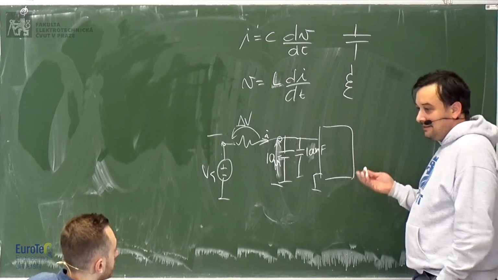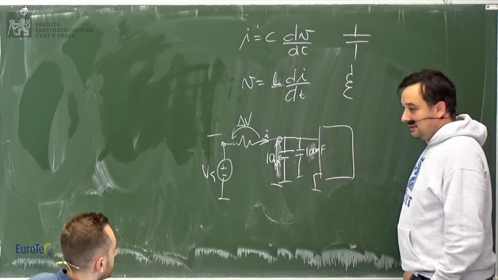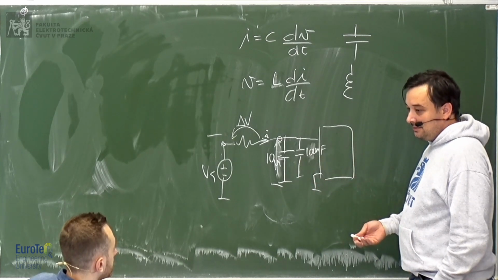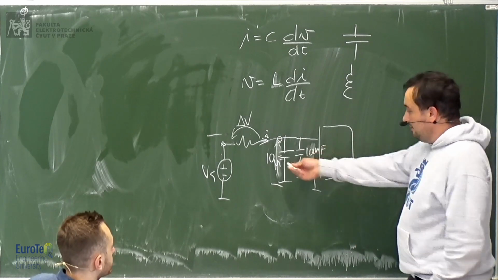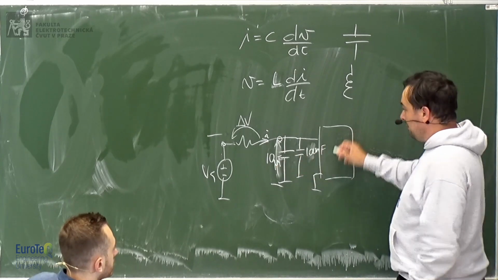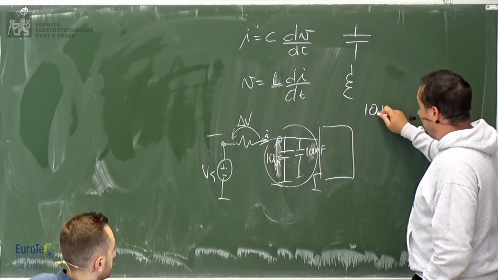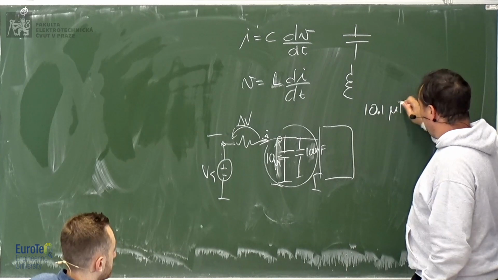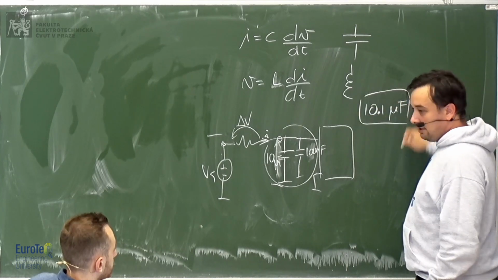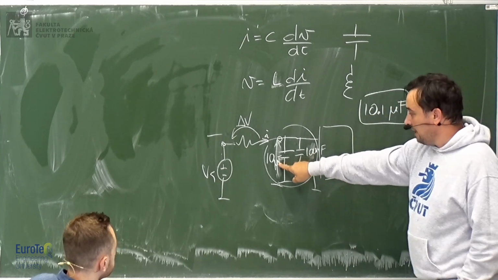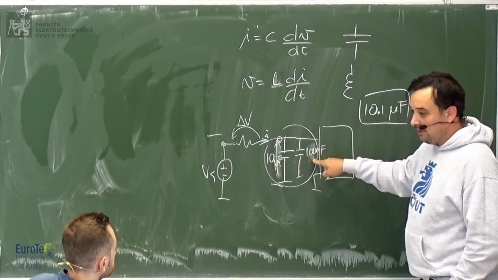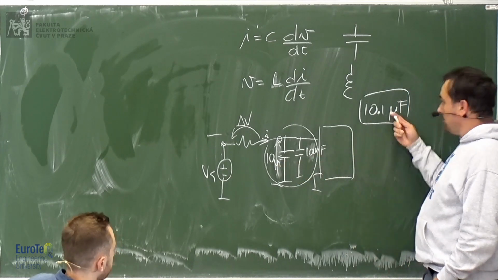Because I had studied that if you have parallel capacitors, you sum them up. So with two capacitors in parallel, the total capacitance is 10.1 microfarad, correct? So 10 microfarad plus 0.1 microfarad is 10.1.